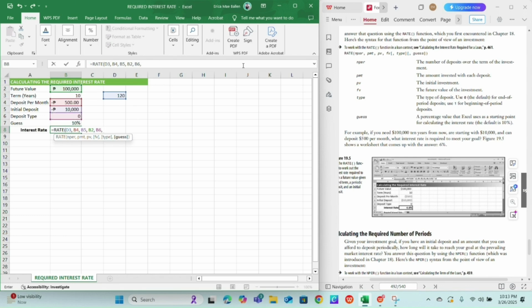And guess or a percentage value that Excel uses as a starting point for calculating the interest rate na may default na 10%. And then times or multiply by 12 months.